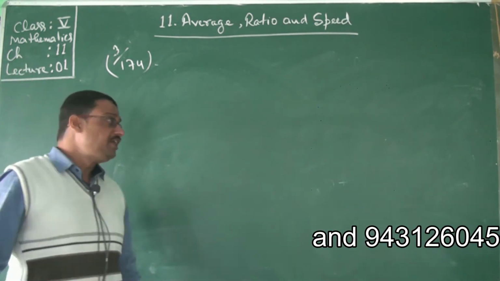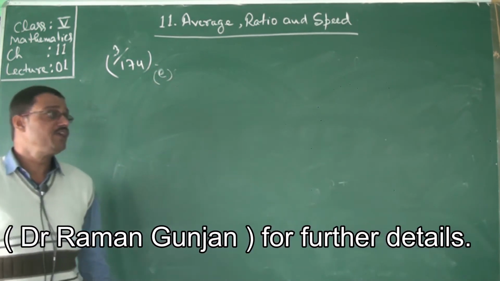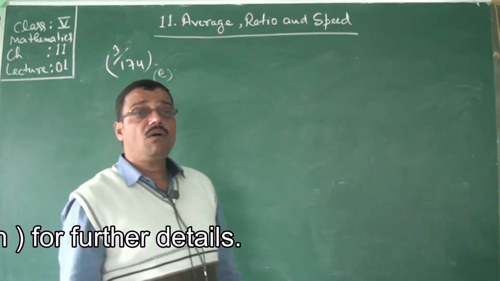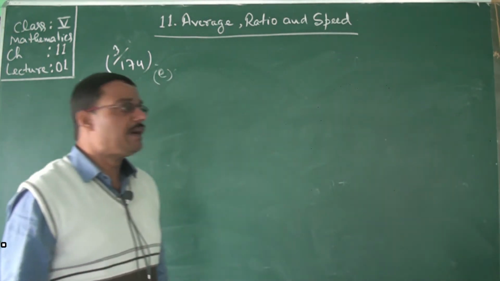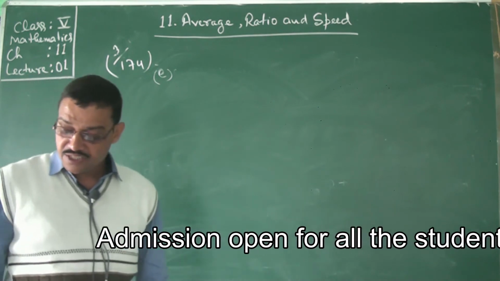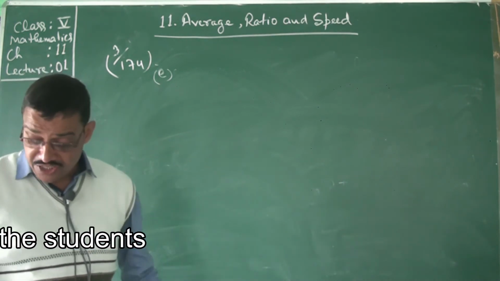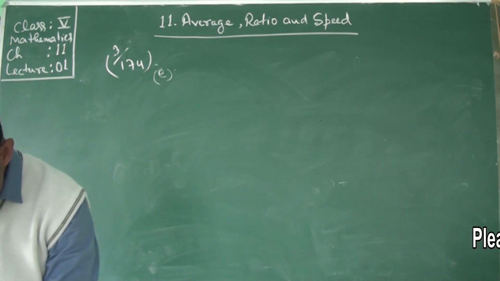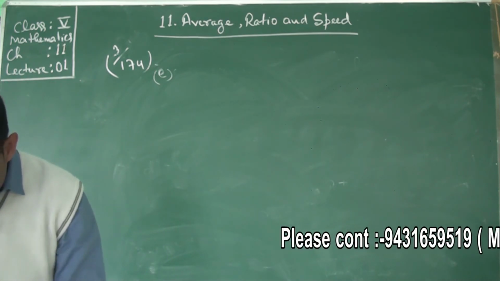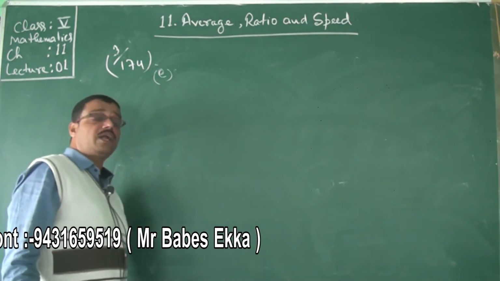To solve the E number, remember that I had explained: sum of quantities equals average into total number of quantities. Here the sum of quantities is not given, but the average is given and the number of quantities is given.